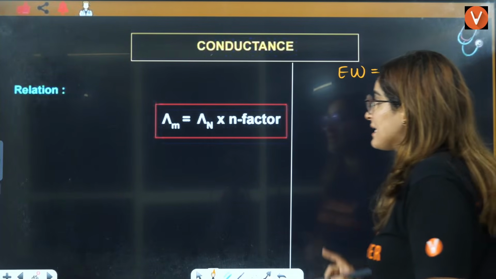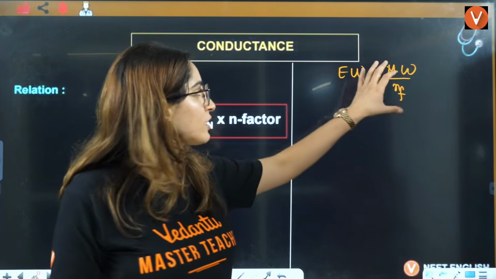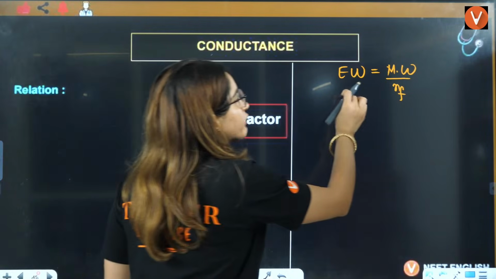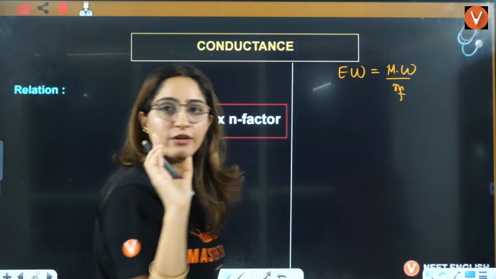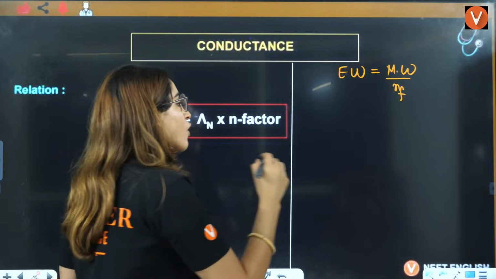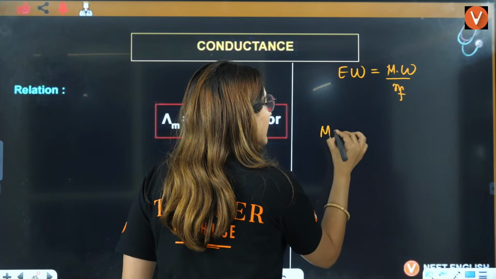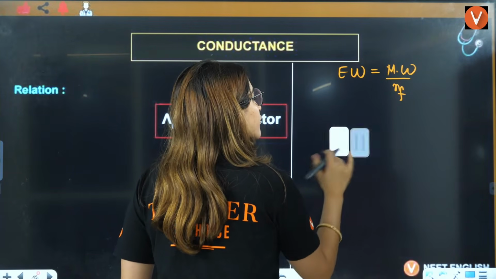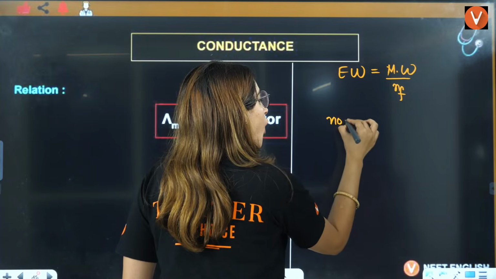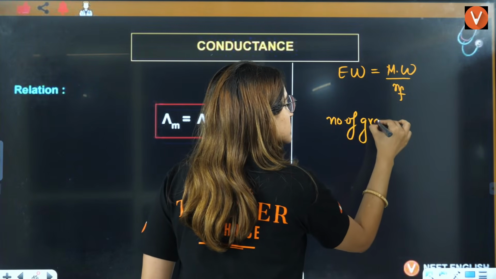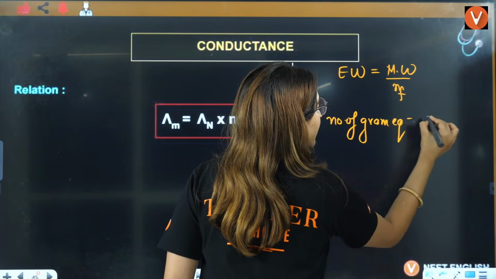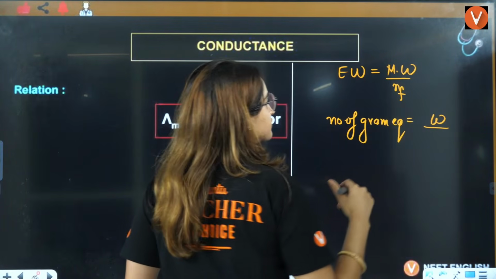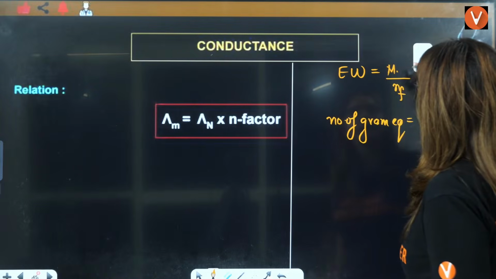This is one formula, one of the conclusions from the mole concept that I am bringing here. Now I told you that molarity is equal to number of moles by volume in liters. Now, the number of gram equivalents is given weight divided by, instead of weight I'll write mass.